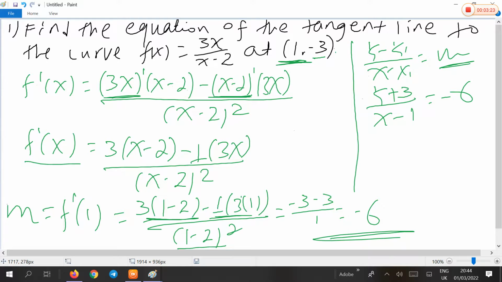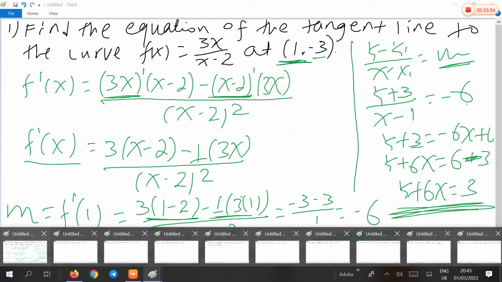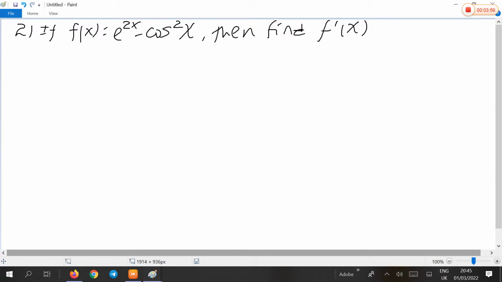So y plus 3 equals minus 6x plus 6. If we shift minus 6x to the right hand side, it becomes plus 6x, and if we shift 3 to the right hand side, it becomes minus 3. So 6x plus y equals 3 is the equation of the tangent line. Here we have question number 2.